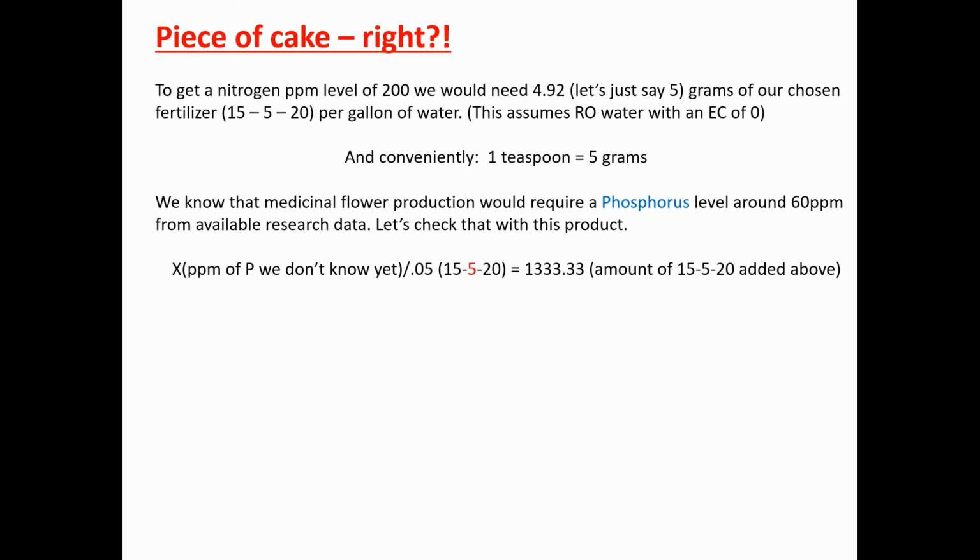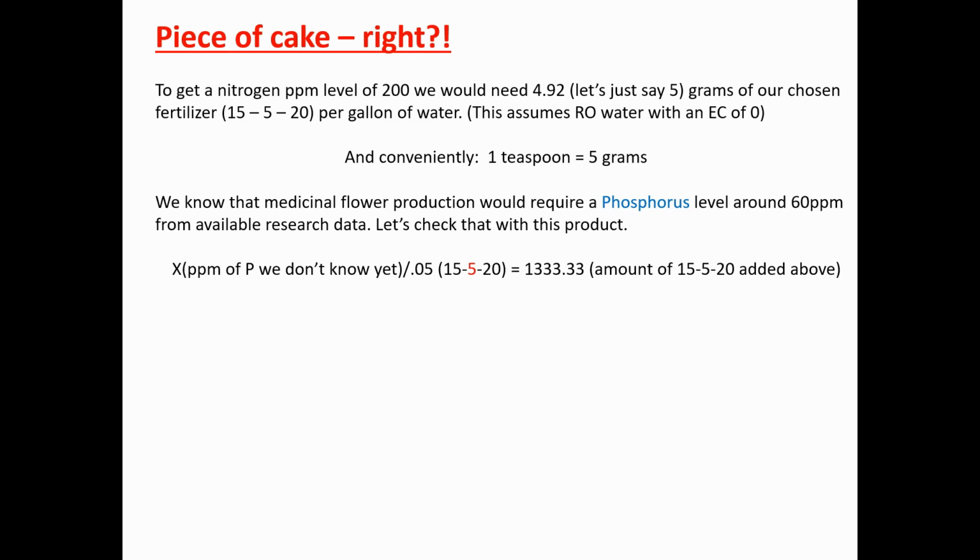When we look at our formula for figuring all of this information, on the right side of the equation, we already have put in that 1,333.33 milligrams per liter when we made up our solution to get to 200 parts per million nitrogen. So this is fixed. On the left side of the equation, we know that we're calculating now for phosphorus, and the percentage of phosphorus is 5%.